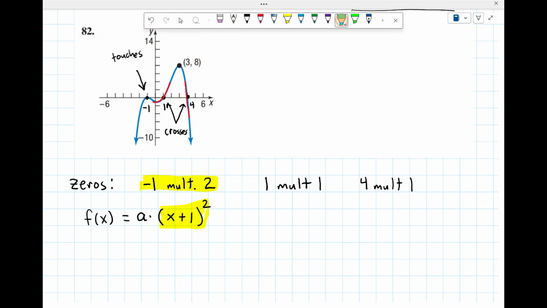Looking at my next 0, the 0 is actually 1, and the multiplicity is 1. Since the 0 is equal to +1, that means that my factor will be x minus 1. And since the multiplicity is 1, that means that my exponent would be 1. Now, as a general rule, we never write 1 as an exponent, and we just keep it blank.